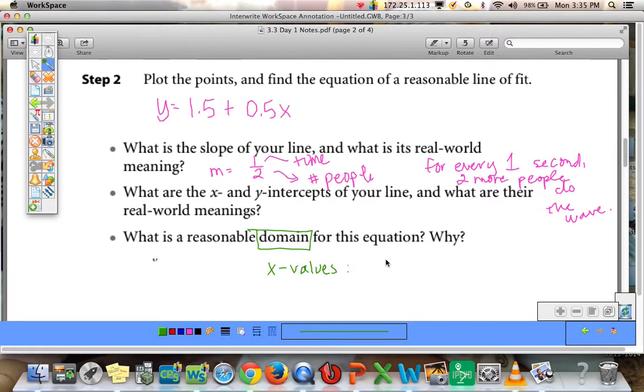So x values for this one would be positive, whole numbers, because it's people. So 0 to total number of people doing the wave.